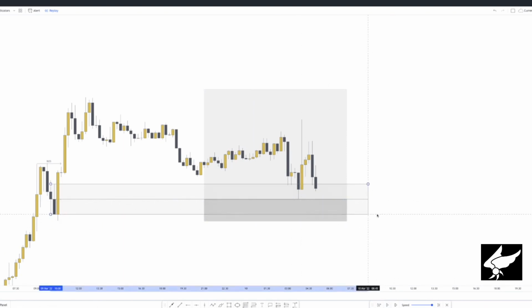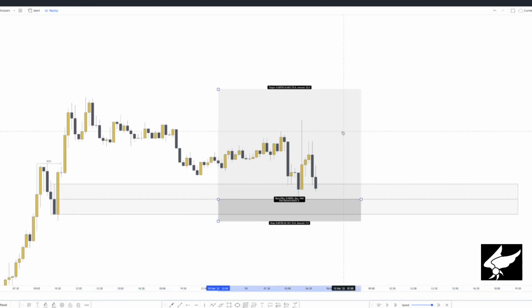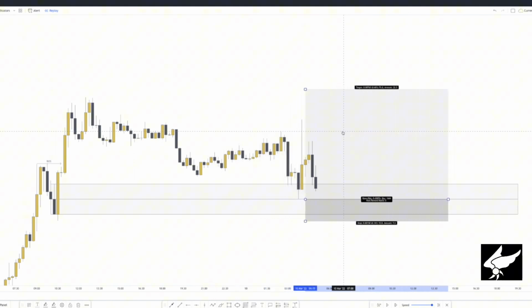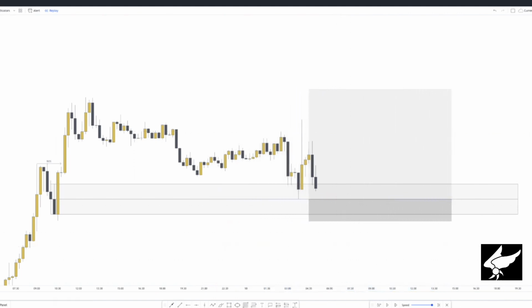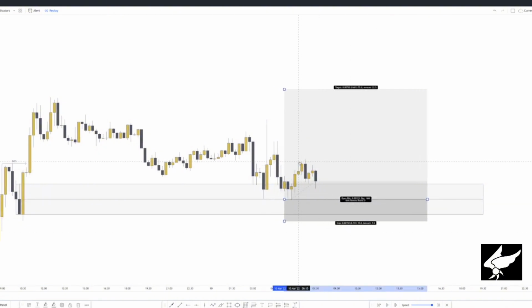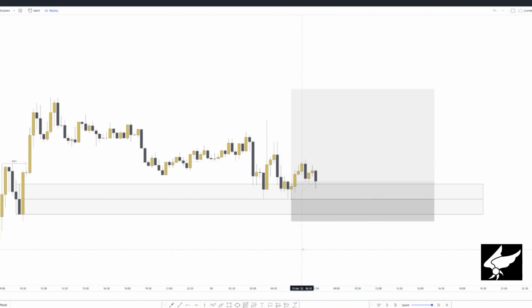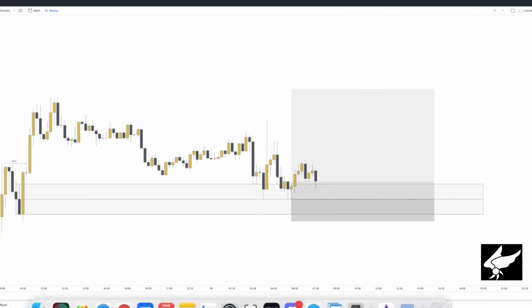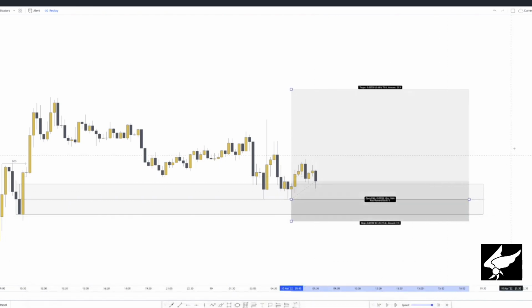Maybe, really depends on the spread that you have with your broker. Let's just move this whole thing over. And let's see if we actually get tapped in. Okay, so right there you can see our parameter tool has been triggered. Let's just move this over to clean it up a bit. So we're now in the trade, roughly 1R in profit right now. Let's continue to play this forward and see how it goes.